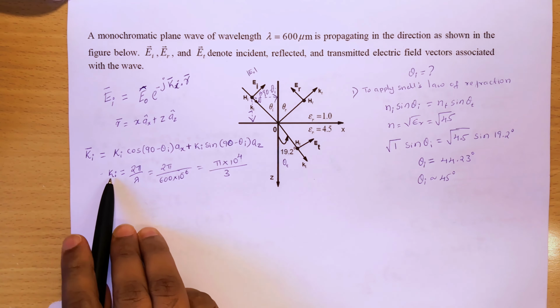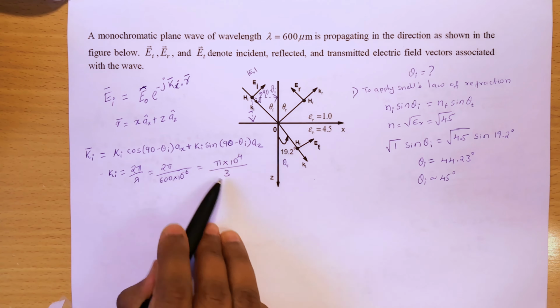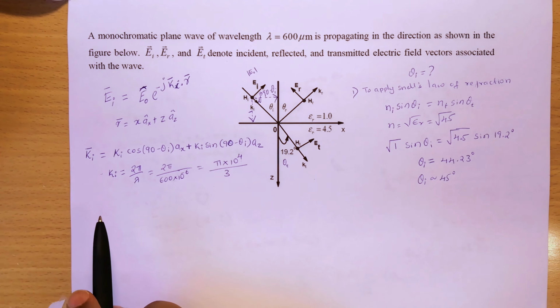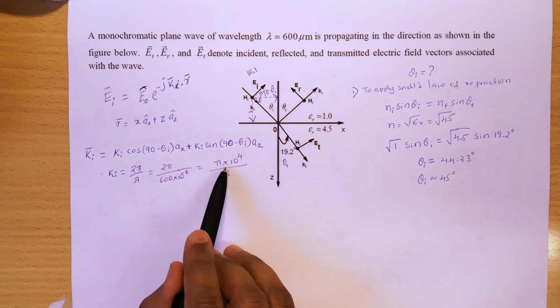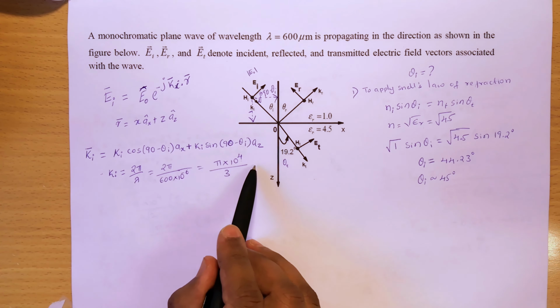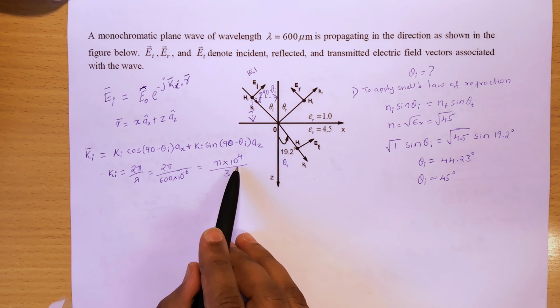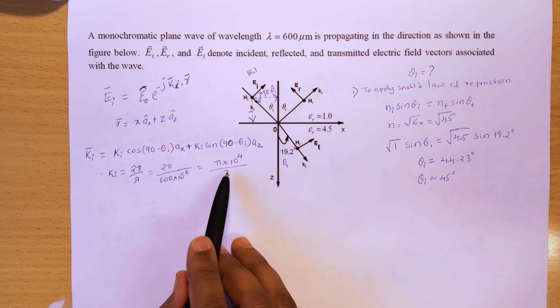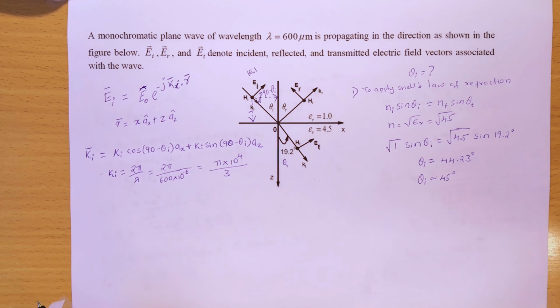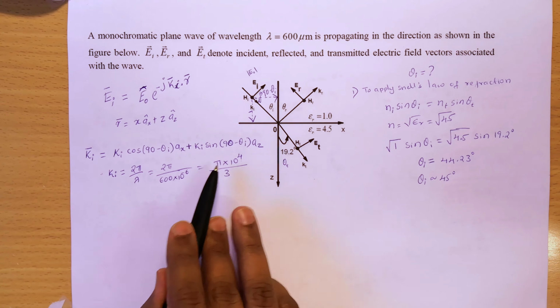So the magnitude of Ki is this value here. Always while solving such problems, keep in mind that you don't have to put out the actual values completely. Just keep it in the simplest form, and find the values when necessary. Otherwise, just keep it as it is.